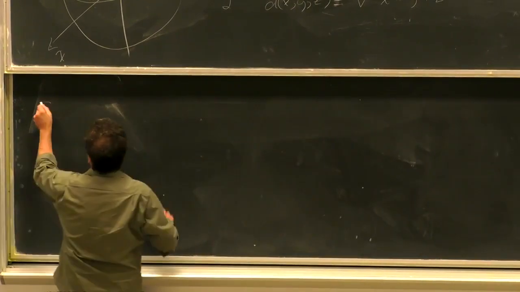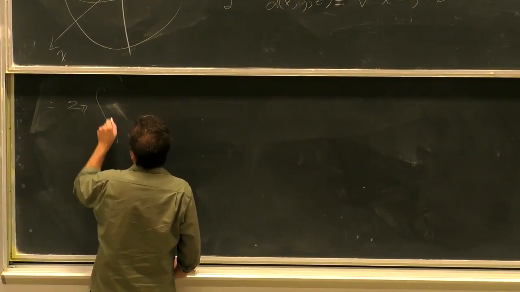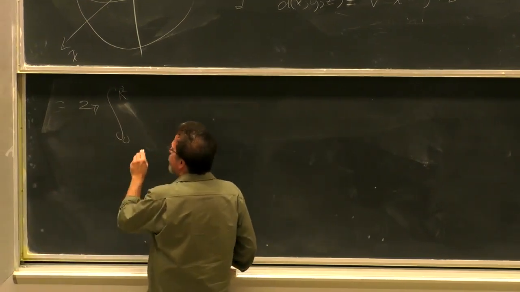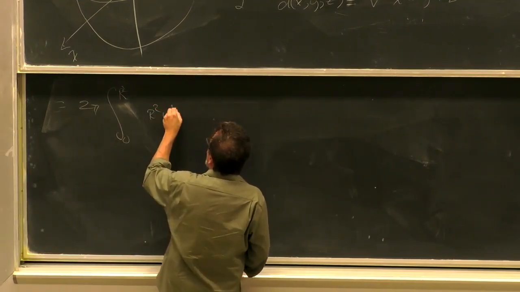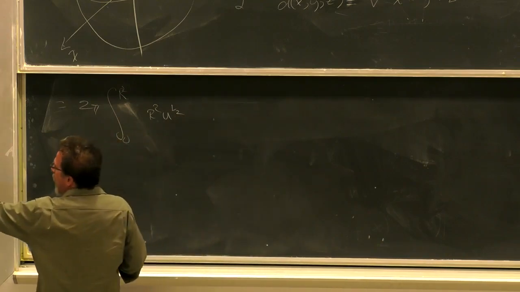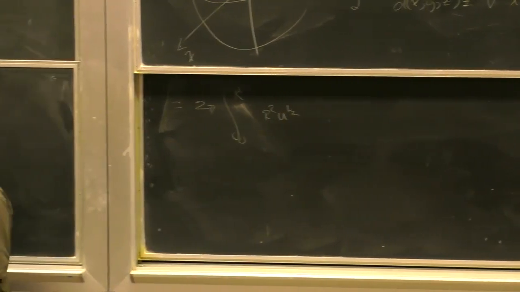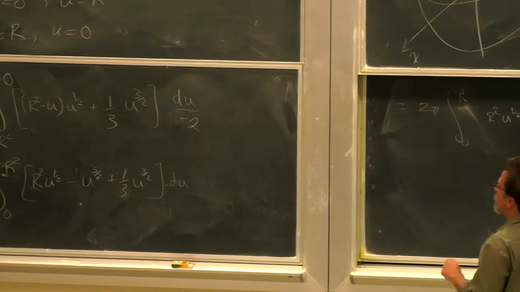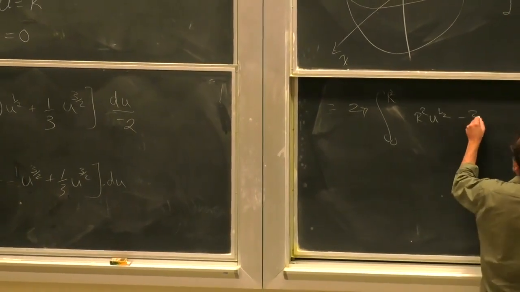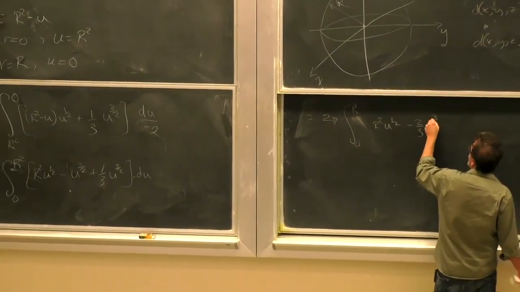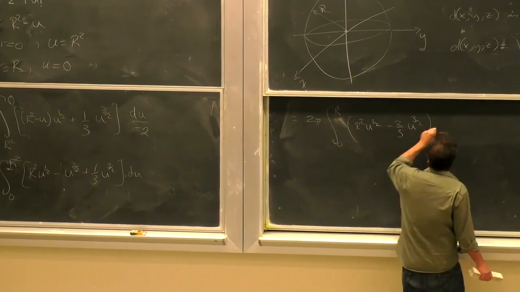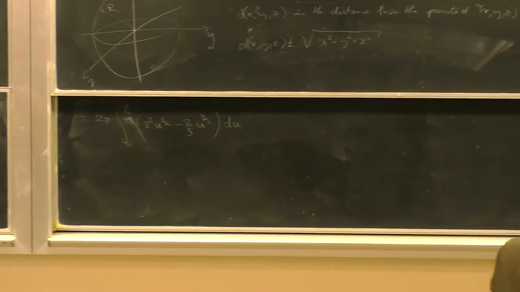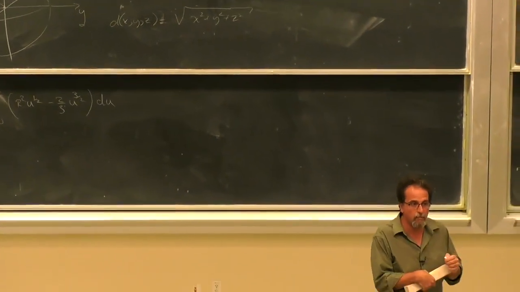And so this is going to be equal to 2 pi times the integral from 0 to capital R squared, that's the bounds of integration, of capital R squared u to the 1/2. That's the first term. And the second term, I get a -1 and a plus 1/3, so it's -2/3 u to the power of 3/2. And if anybody sees any algebraic error, please stop me now.